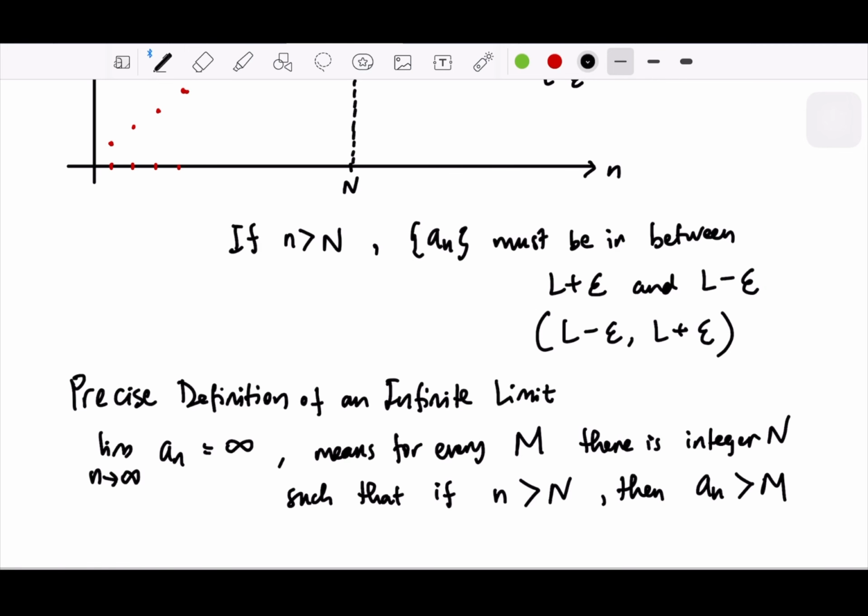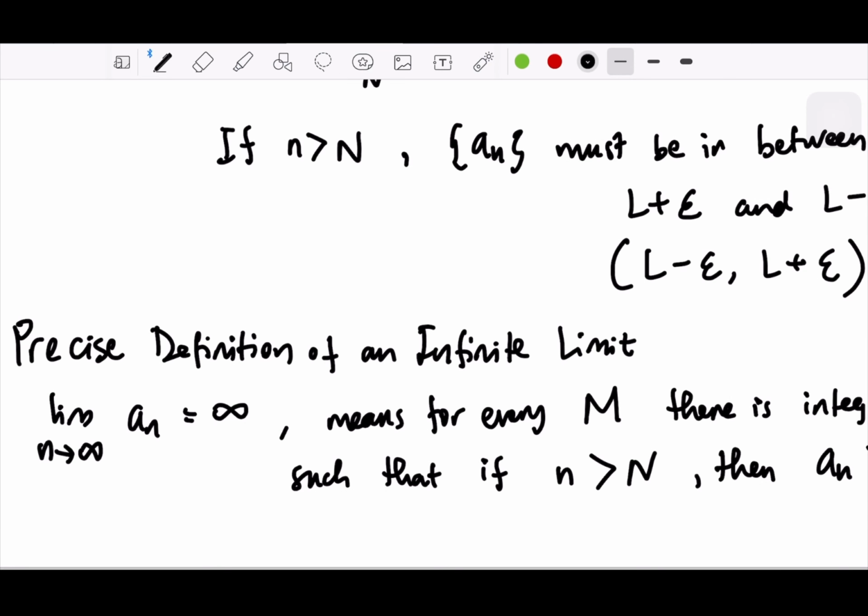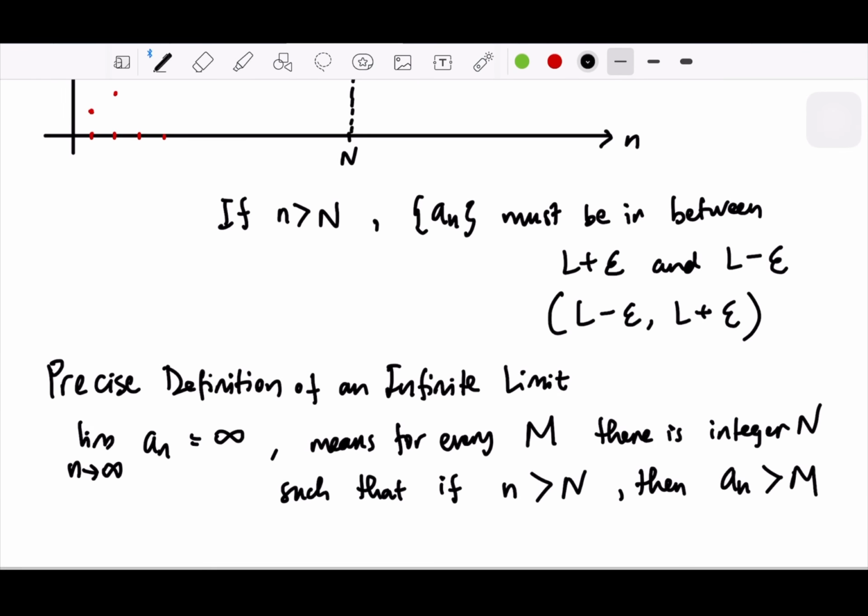And this is also the same if you approach negative infinity. If you feel confused by the words, this means M is any random number that you can think of.